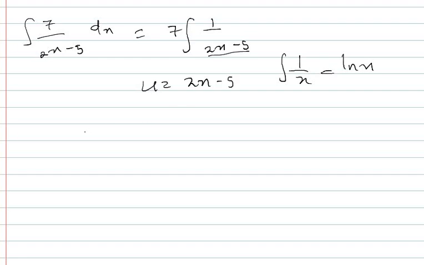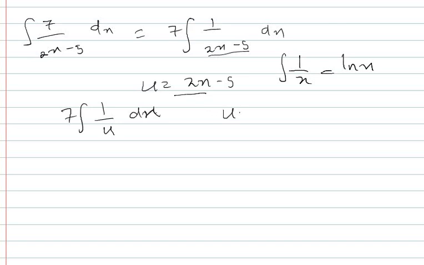Then we can say 7 integral of 1 over u with respect to x. Here we have dx and here we have u, so we need to find dx from this expression.